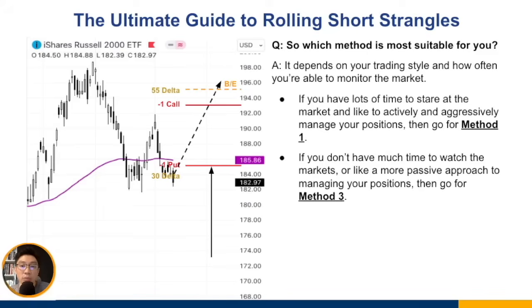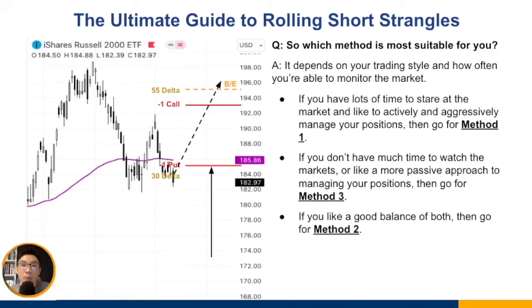So a lot of the time you could end up not even rolling your trades at all, and you find that your strangle is just going to work out in the end. So if you're a little bit more passive, or maybe you have a full-time job and are not able to monitor the markets, or maybe you're new to trading and do not want to get confused or overwhelmed by having to actively manage your positions, then go for method number 3.